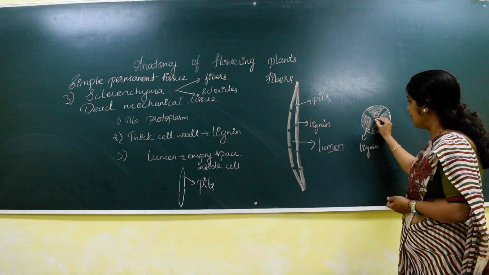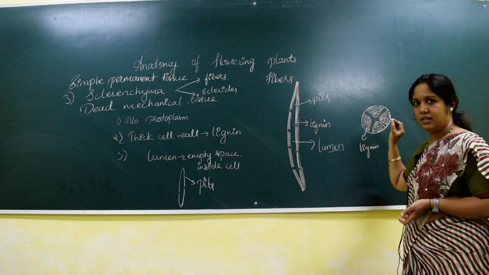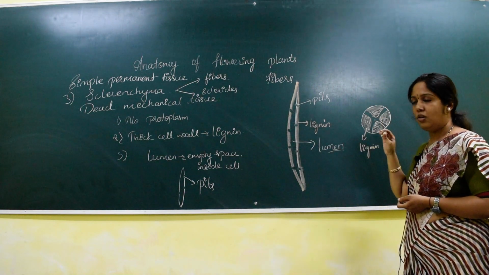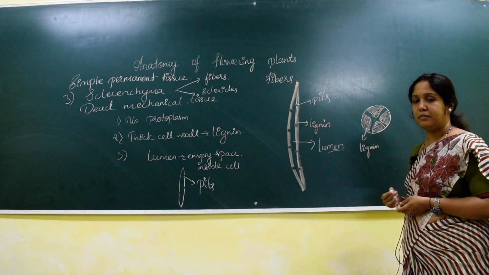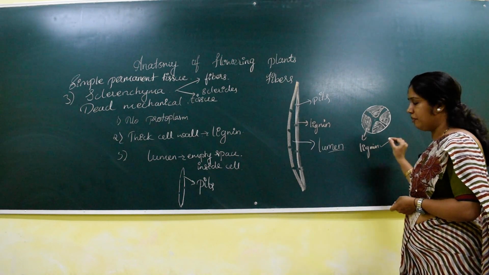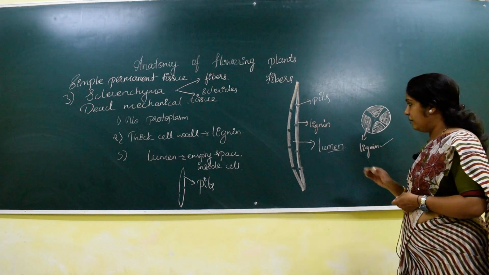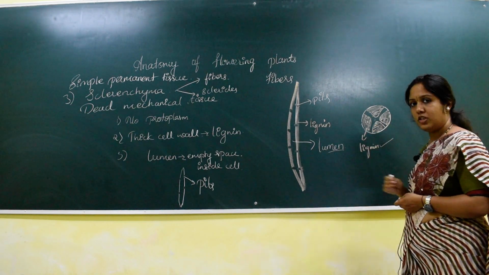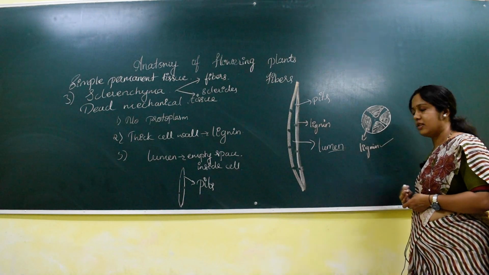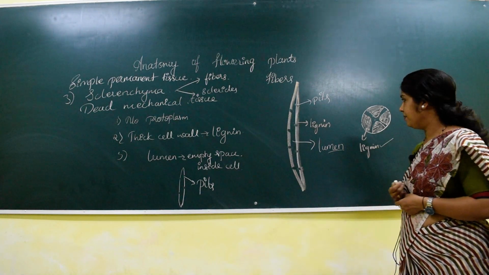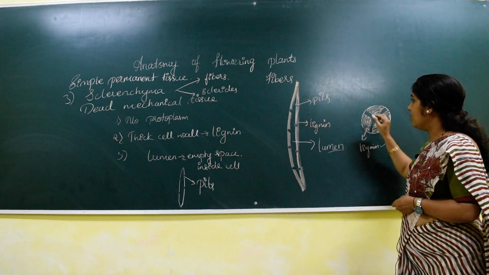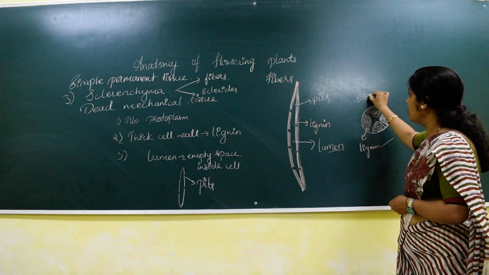The empty space inside the cell is very little, very narrow, or sometimes the lumen is absent. Why? Due to the high deposition of lignin. Based on the different modes of deposition of lignin and the shape of the sclerite, it is classified into different types. The sclerites are also called stone cells.